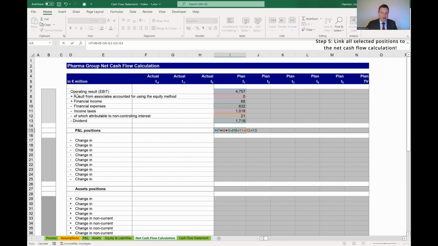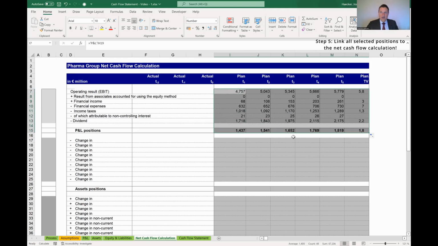Because here, cash coming in, here cash coming out. So 1,437,000,000. And we can grab that and move it all the way up there. And we are done with our P&L positions.